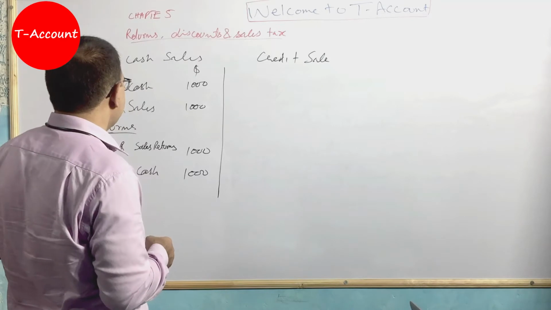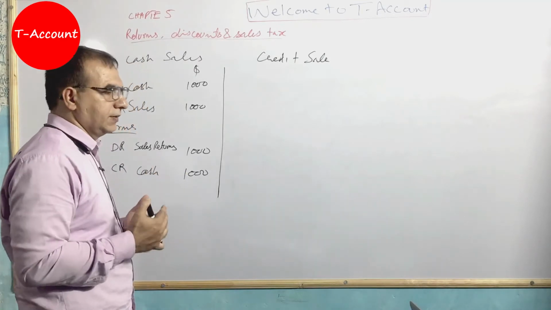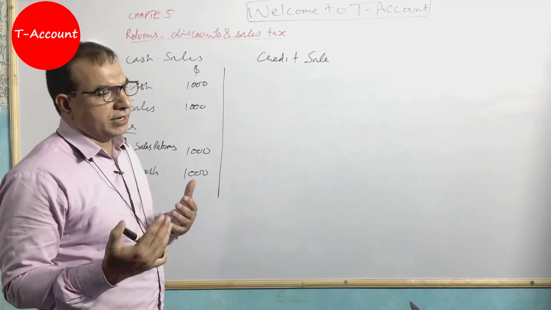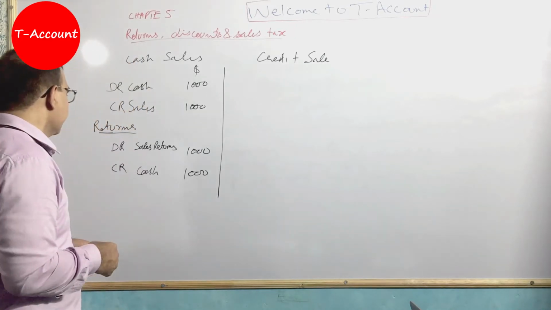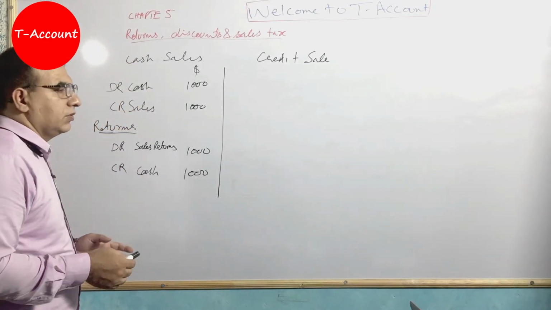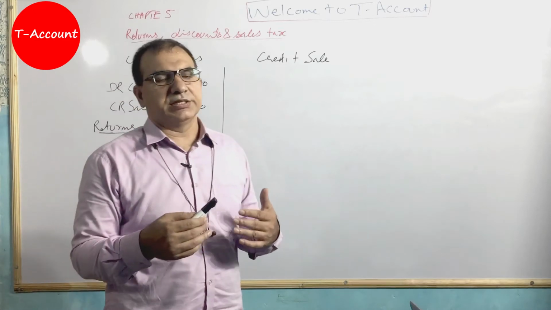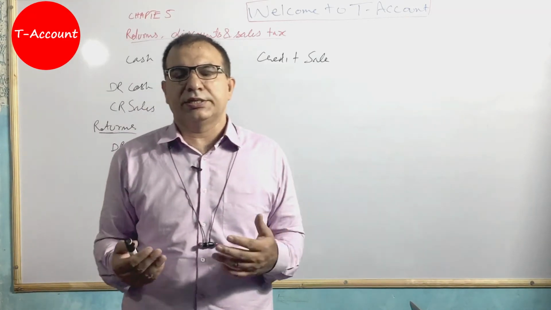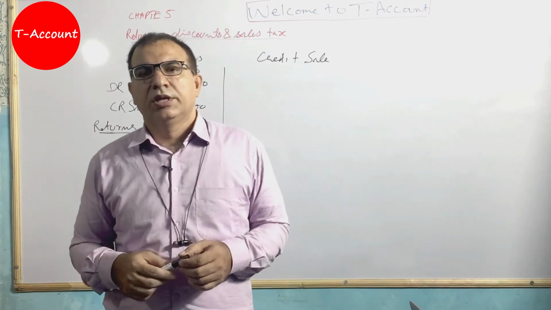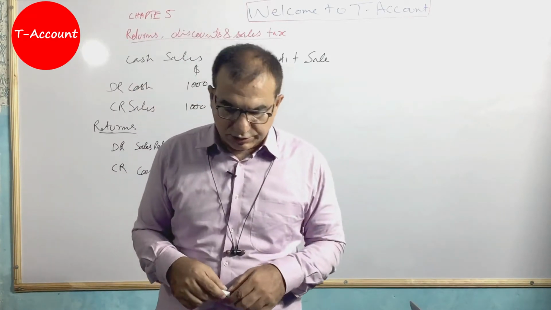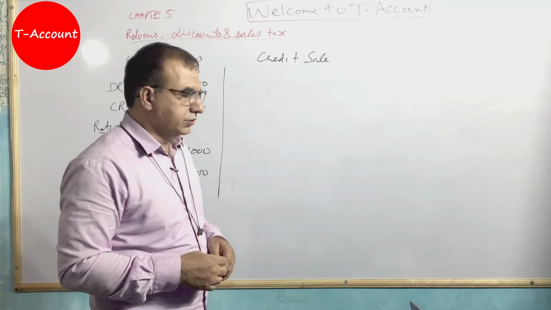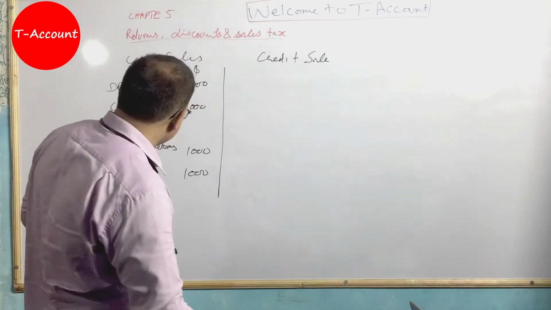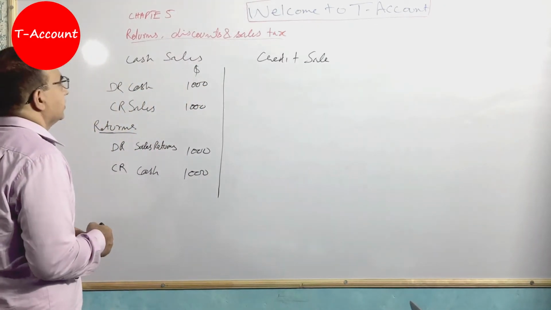So you can easily analyze the returns and it may highlight quality issues as well. If you put so many things in one account, for accountants it becomes a little laborious at closing time. So we create another account which is sales returns.